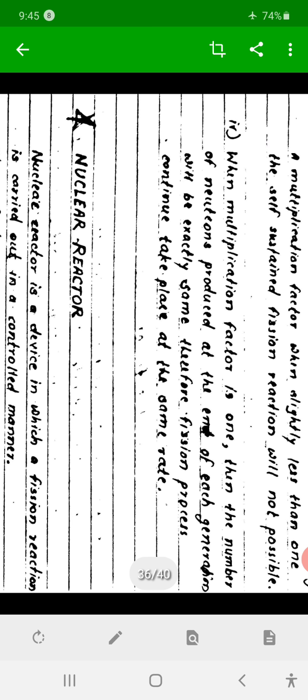Then we discuss nuclear reactors. A nuclear reactor is a device in which fission reaction is carried out in a controlled manner so as to produce nuclear energy.